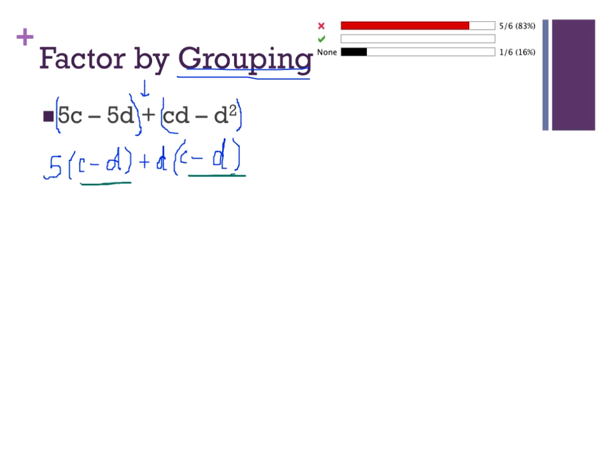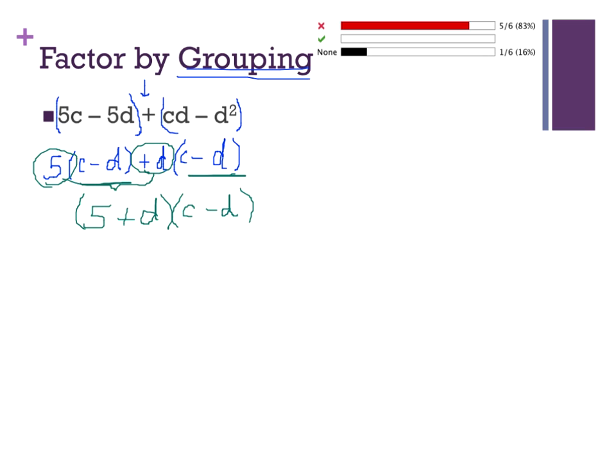It's saying take 5 and multiply it by c minus d, and take d and multiply it by c minus d. And what's really great about this then is that we can actually group this into two binomials. We can say that in essence what we're looking at is 5 plus d times c minus d. So notice I've taken this 5 and this plus d and combined it into one binomial.